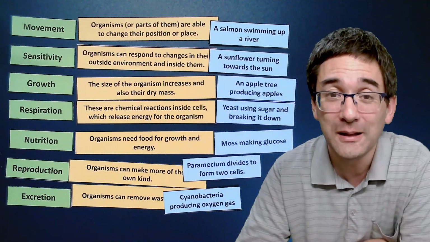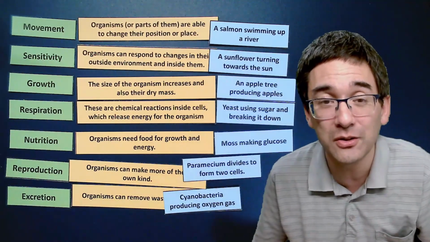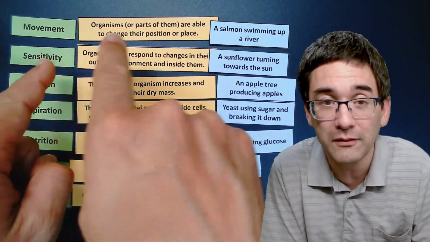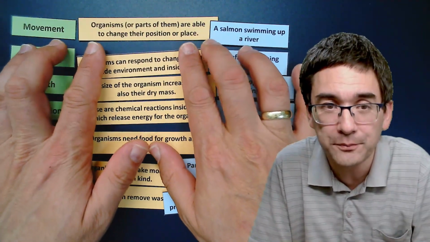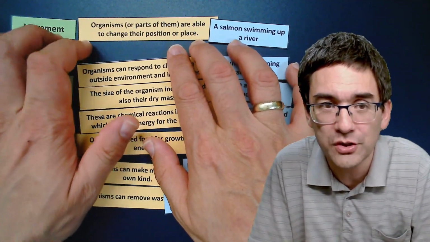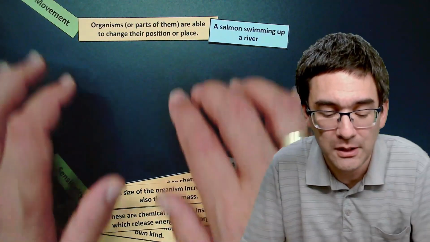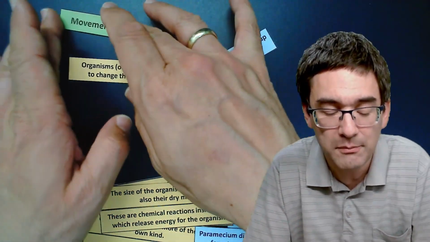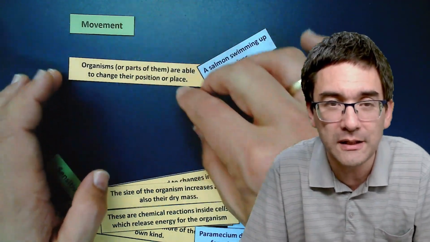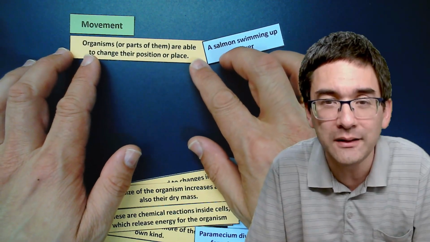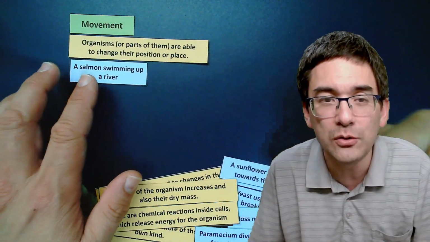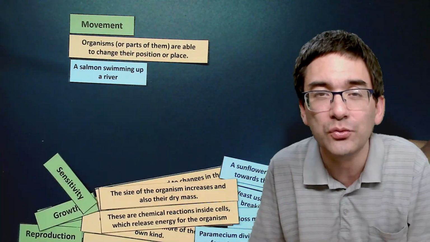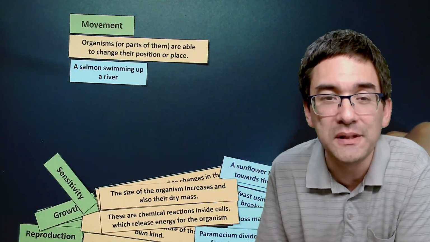So again, put everything into your nice notebook, and if you do not have enough space to arrange it like this, then I have another recommendation. I'm going to put it away, and we're just going to use the first one as an example. What you can do as well is make a nice large subheading called movement, and then you add the definition, and then you add the example, and then you can also add a second researched example beneath it.